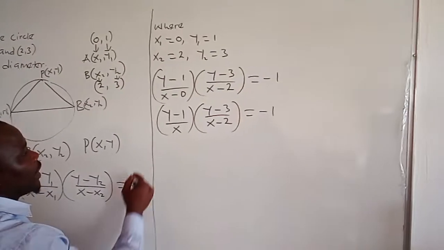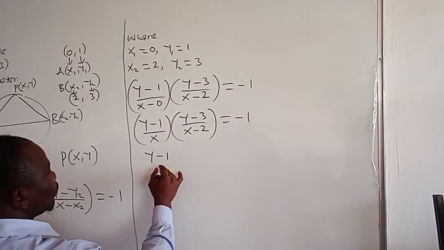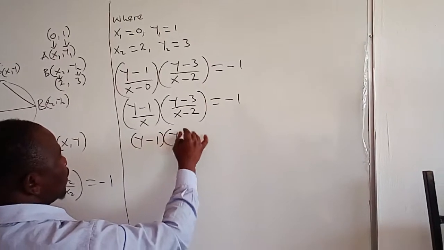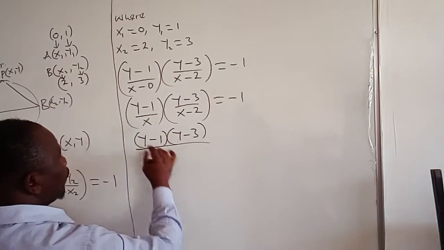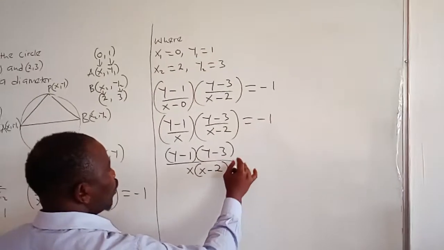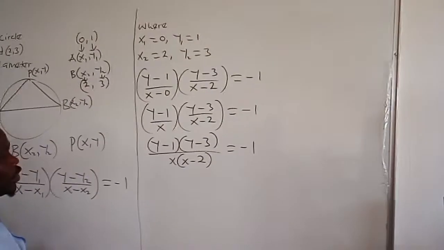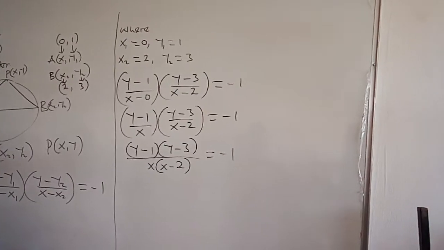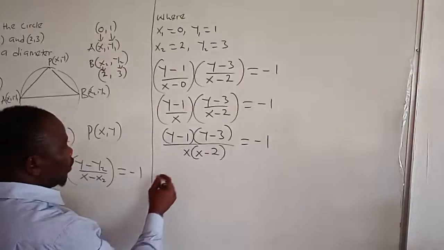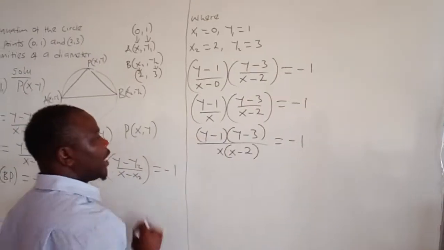So if you agree with me, (y minus y1) times (y minus y3) all over (x minus x1)(x minus x2) equals minus 1. True or false? So what is left here is, let us consider the numerator. Let us multiply out the two brackets.